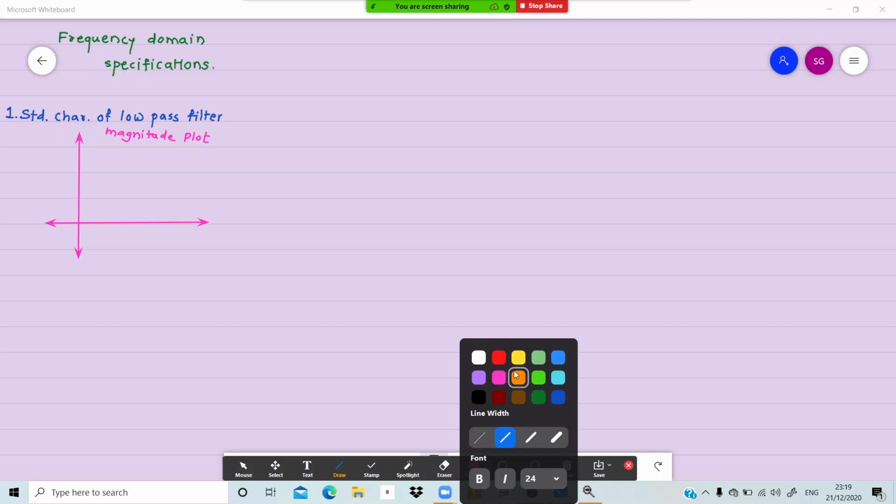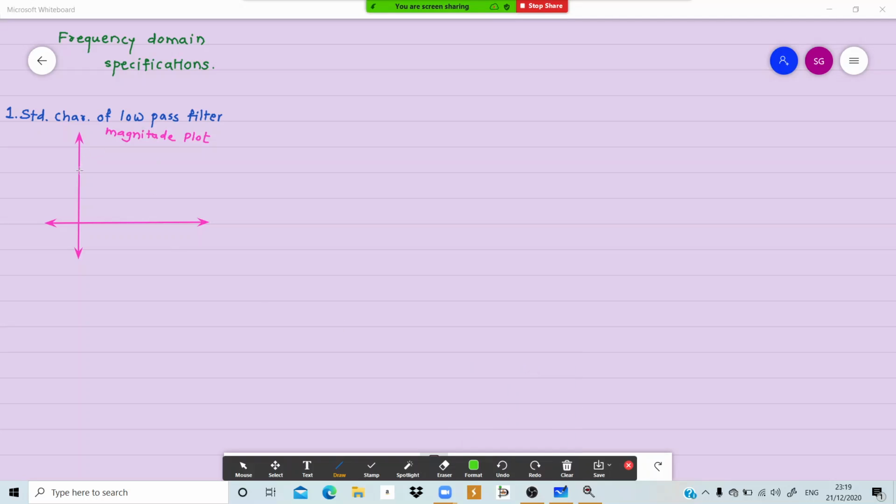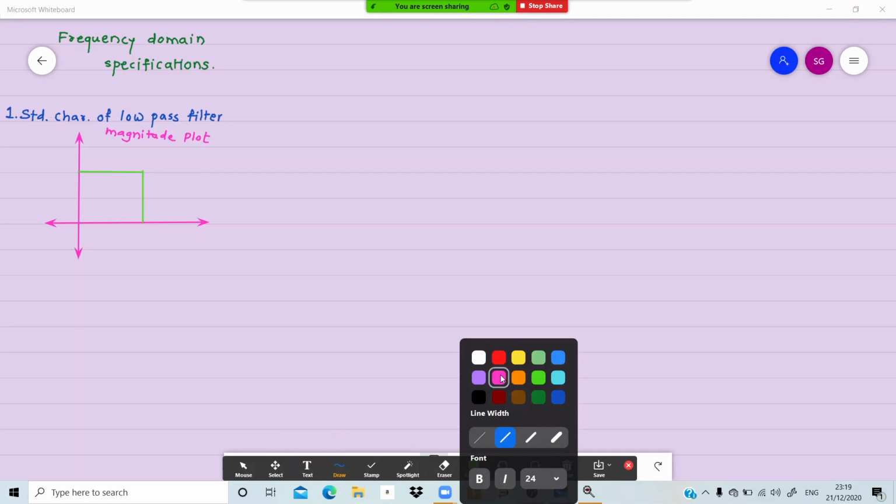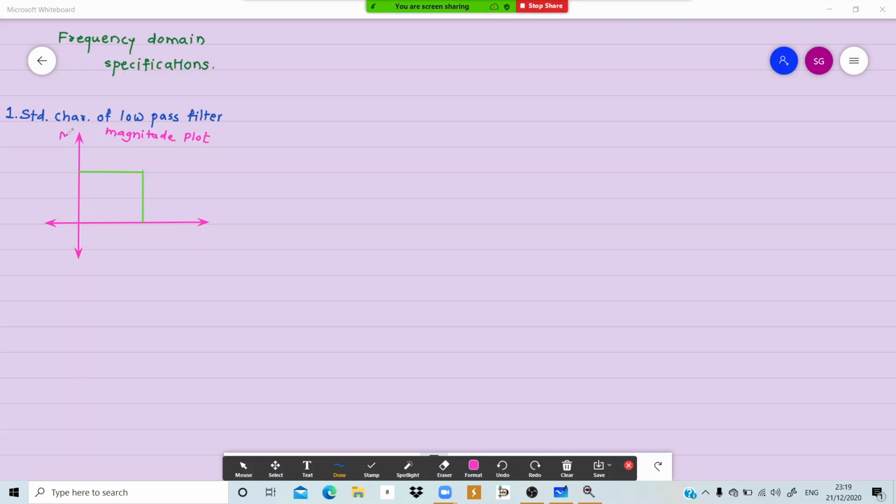Let me change it so it will be easier to understand. So let us say this is low pass filter characteristics. कैसे है? What we are trying to draw, on this axis you are having magnitude. This is magnitude 1, this is magnitude 0, right? मतलब over here it is 0, right? And this thing is your frequency. Now I'll not write this 0 over here because it may confuse.